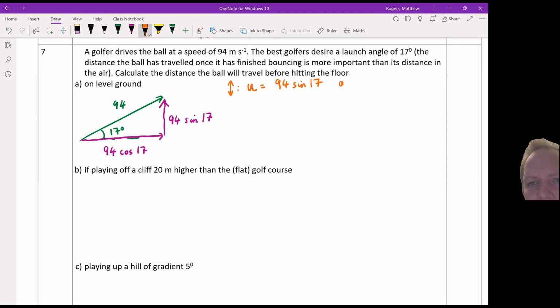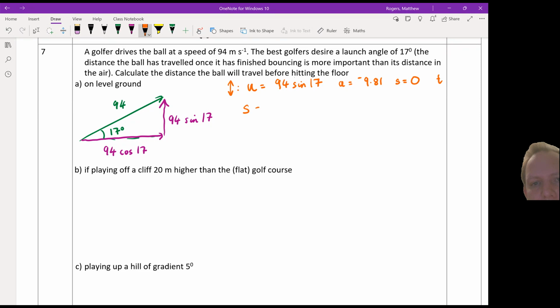But it is accelerated downwards at 9.81 meters per second squared until its displacement is 0. We want to find the time that it takes to hit the floor. Once we have that time, we can use it to find out how far it will go, because we know it travels horizontally at 94 cos 17 meters per second the whole time.